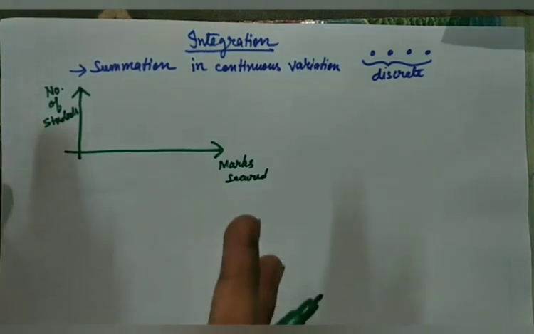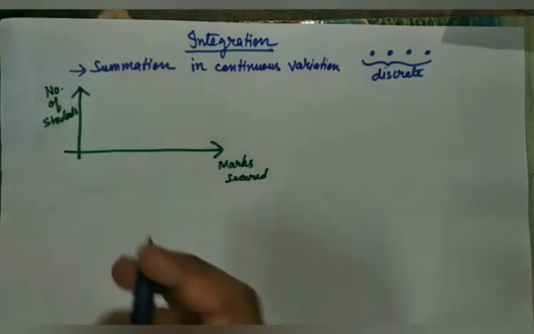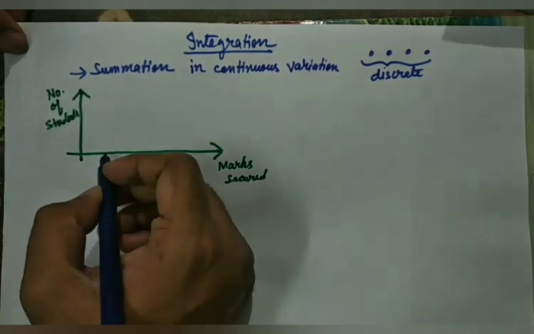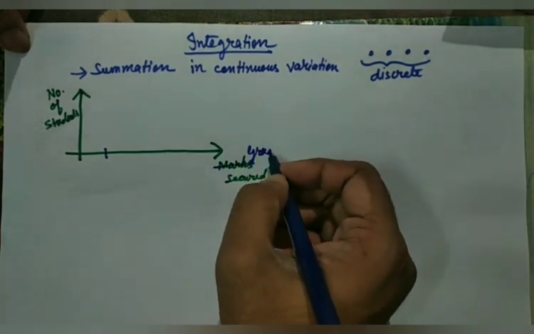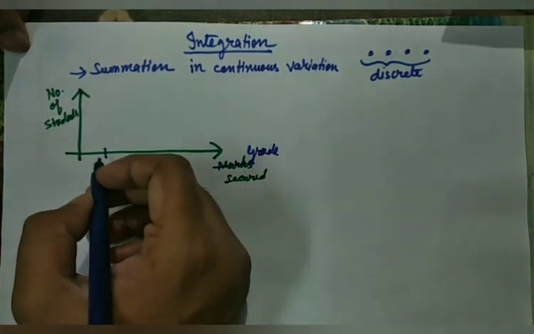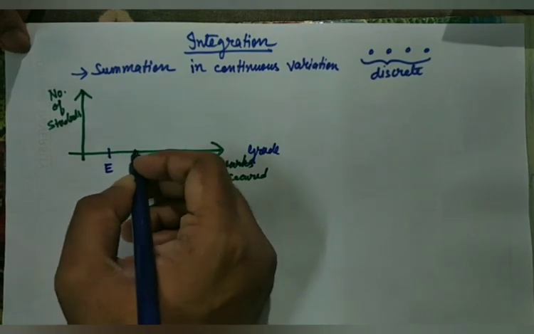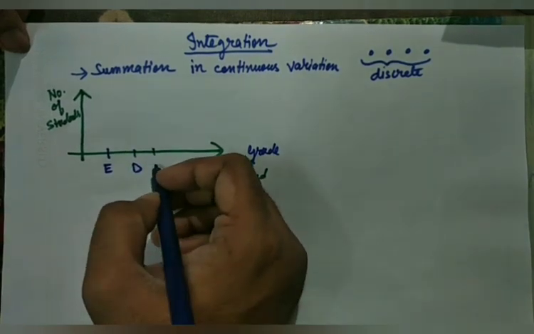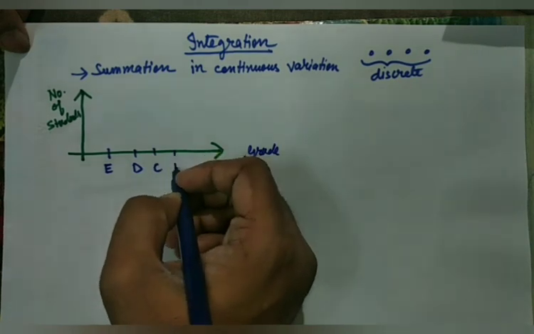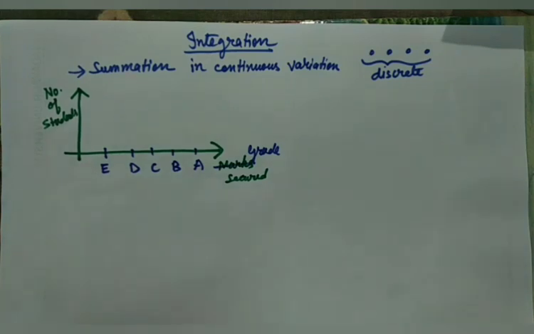For keeping this simple and short, I am just considering that the students have secured grades. Let's say grade E, D, C, B and A. A is the highest, E is the lowest.